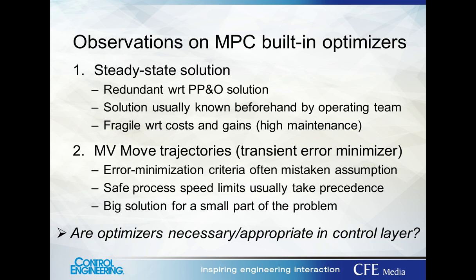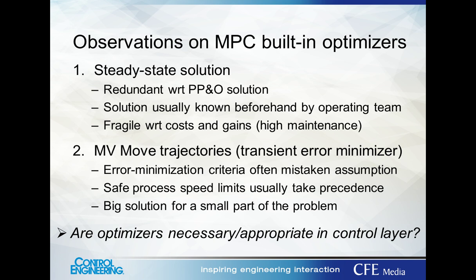There are actually two optimizers within conventional MPC technology. The first one is the steady-state solution. But what is its role relative to the site-wide production planning solution we saw on the last slide? And aren't optimum operating targets usually well known among the operating team in the first place?